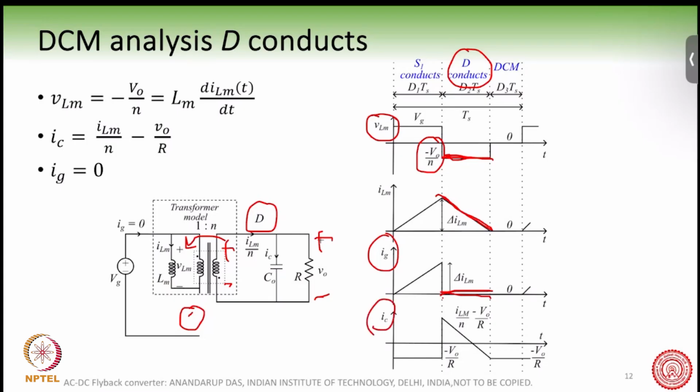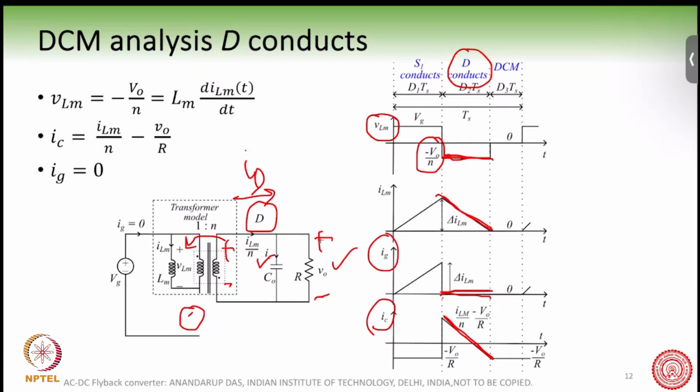During this point, the diode current will have two components, one going to the capacitor and one going to the load. This is the capacitor current, and this is how it looks here.